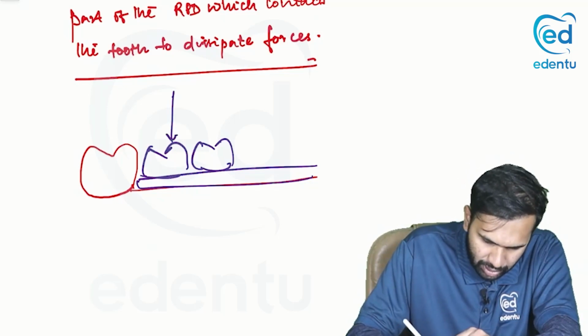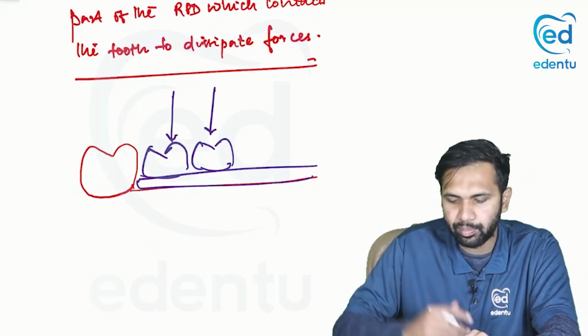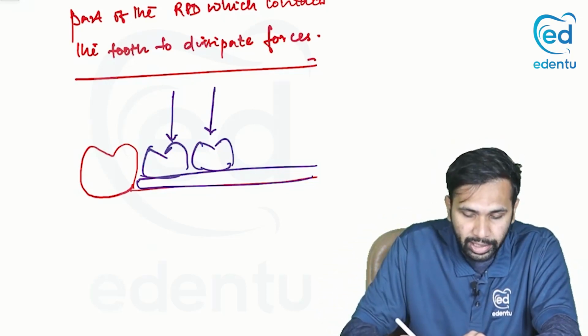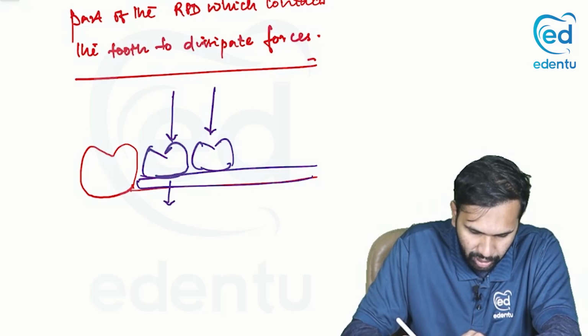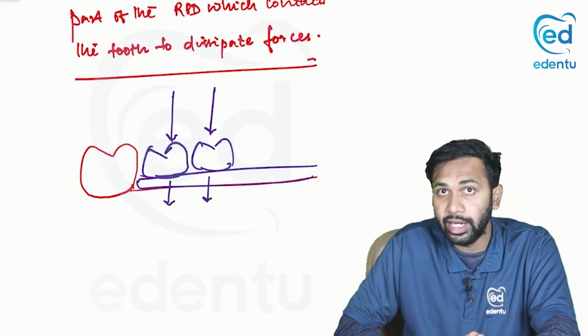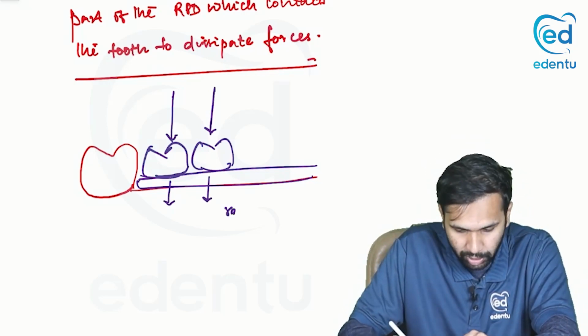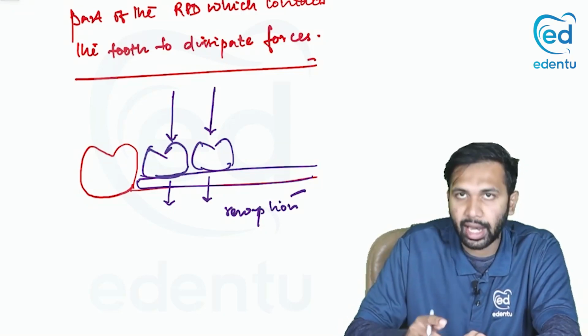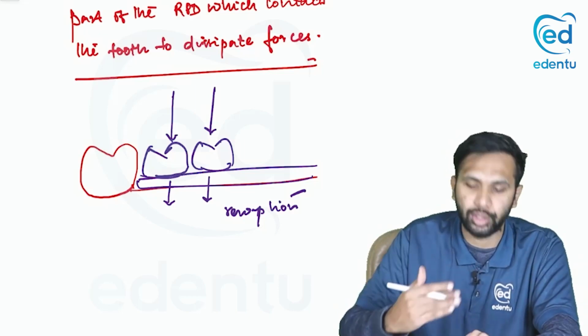When occlusal forces are subjected on your RPD, if the entire occlusal force is transferred to the underlying tissue or the bone, it will cause bone resorption. Some amount of forces has to be transferred to the abutment tooth also.